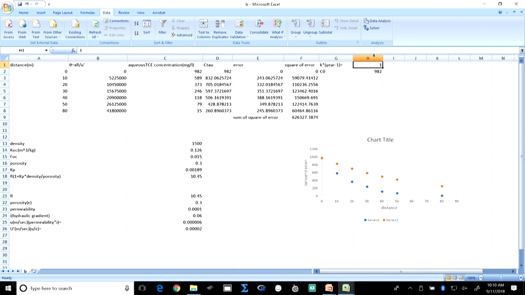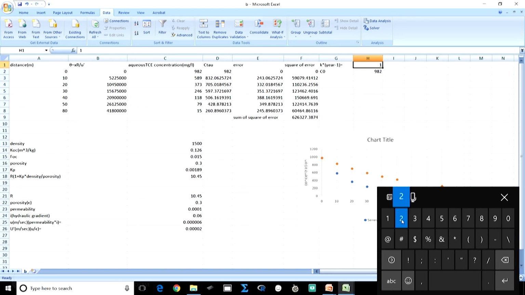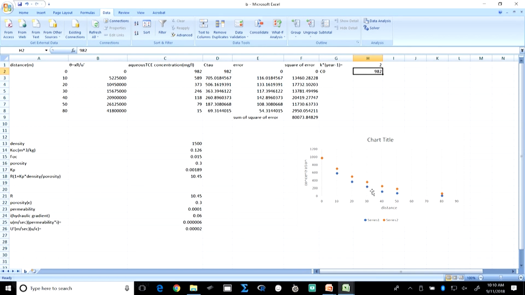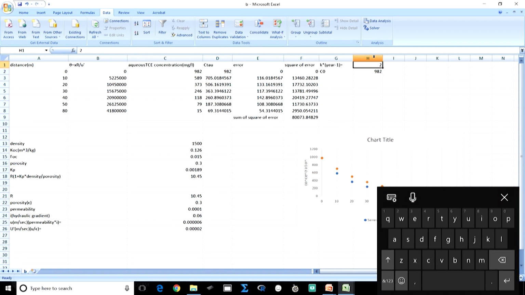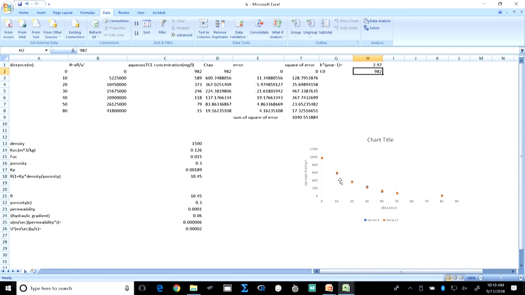If I go to 2, as we know the true value is 2.97, now it is approaching the true data. And if I plug in the true value, which was 2.97 if I am not wrong, you see that you more or less end up closely approximating your observed data.